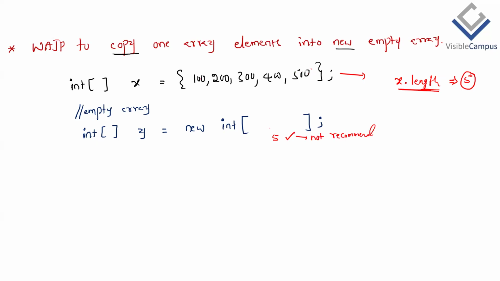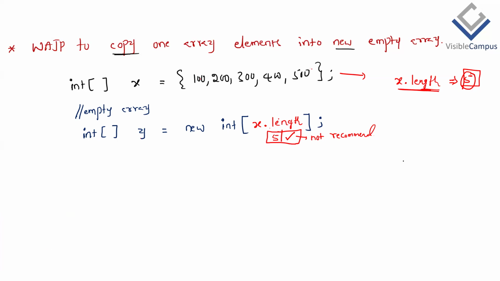The recommended way is the x dot length property, so that the previous array size will always be the same as the empty array size. That's the reason this is not recommended. So x is one array with 5 elements, and y is also one array with 5 empty cells currently.